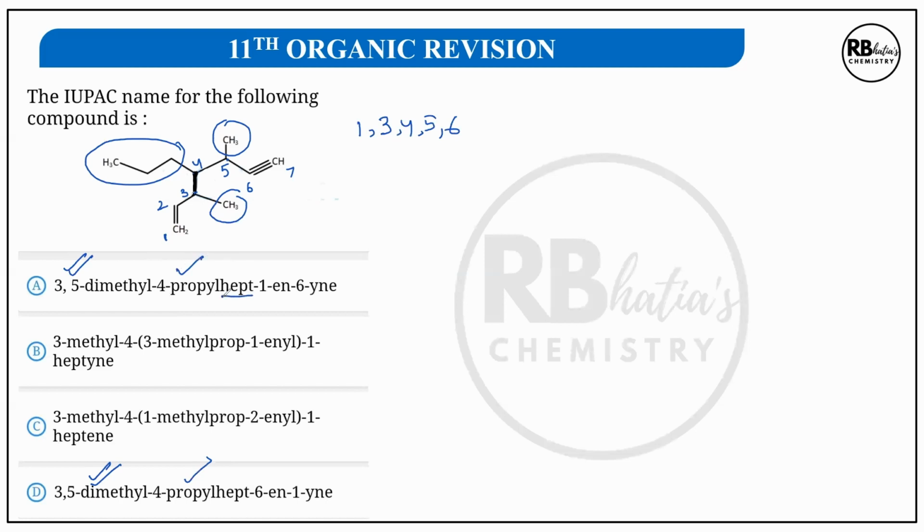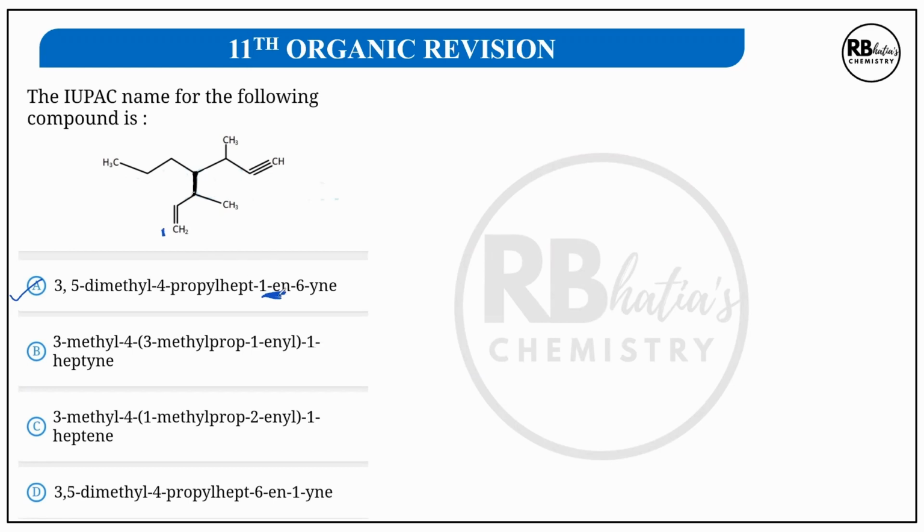Then it is hept, 1-ene-6-yne or 6-ene-1-yne, right? Which one are we going to prefer? It has to be option A. We are going to give preference to 3,5-dimethyl, 4-propyl, hept, 1-ene, because we are going to number it from this side, 1-ene-6-yne. So the right answer is option A.